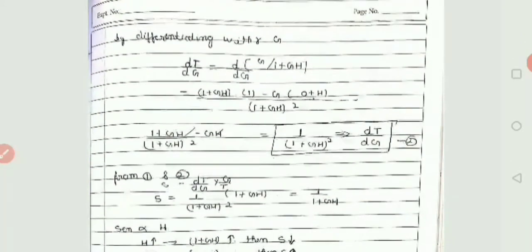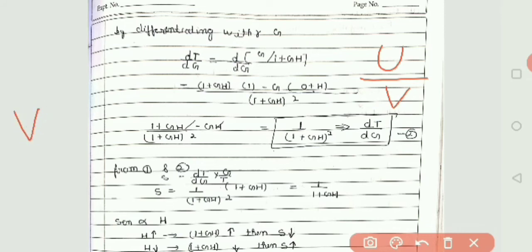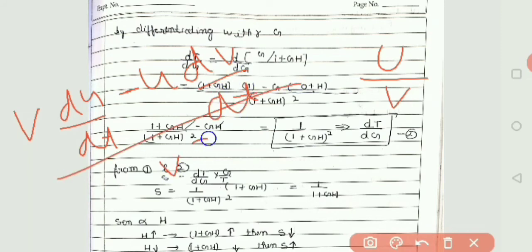By differentiating this equation, we denote the part as u over v. By the differentiation formula, it is v into du over dt minus u into dv over dt, upon v square.